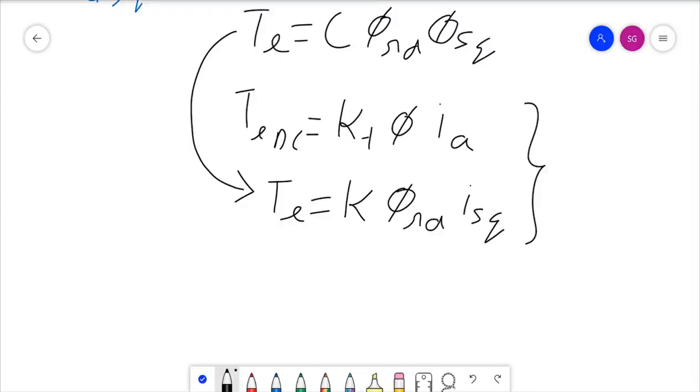And mind you, the stator current space vector is made of all the three phases IA, IB, and IC. What we just need to do is transform ABC to DQ by Park's transformation, by Park's mathematical equation. So if we can control this ISQ separately, which we will be able to do by using our inverter technique, we will control this ISQ and maintain this phi RD constant.